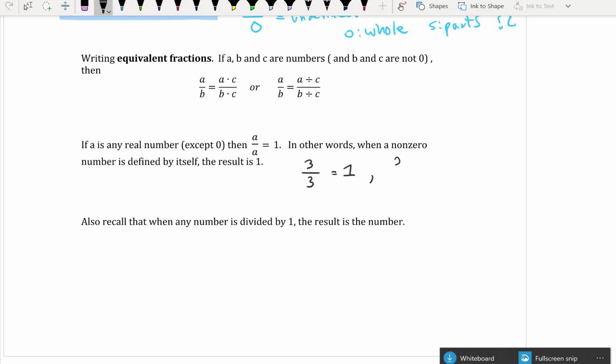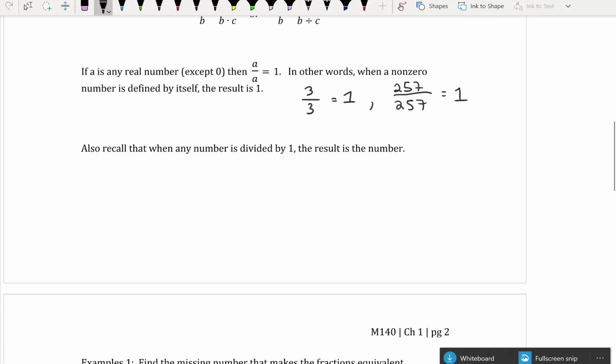Even if I did, let's say, 257, if I divide it by 257, I know it's always going to equal 1. And also, whenever we divide any number by 1, the result is that actual number. So for example, 7 over 1 is the same as 7. Or 138 divided by 1 will equal 138.